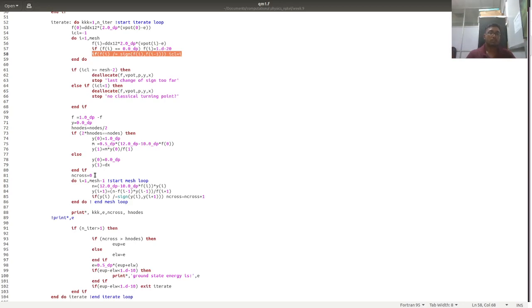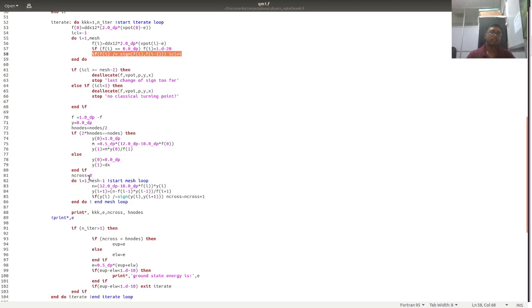Okay, so you see that you have started another loop which will cover all the meshes, and from there yi is again asking for a change of sign. So if there is a change of sign, we add that to n cross.